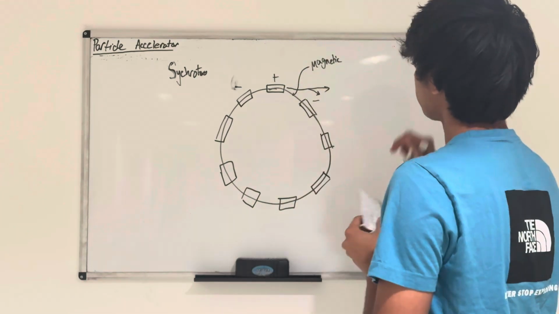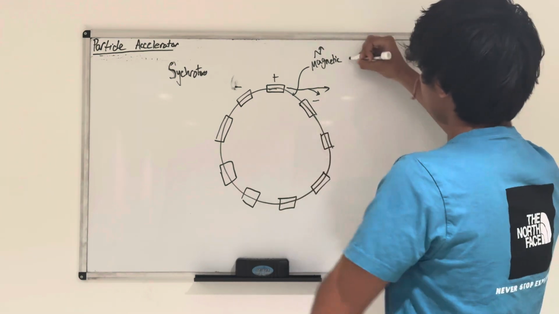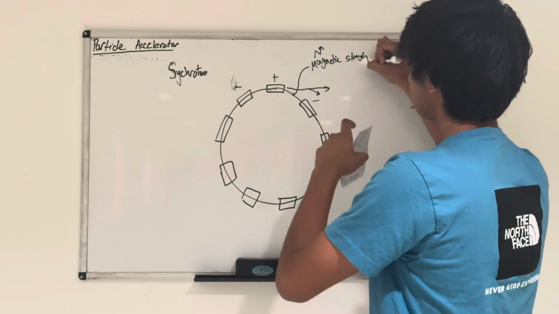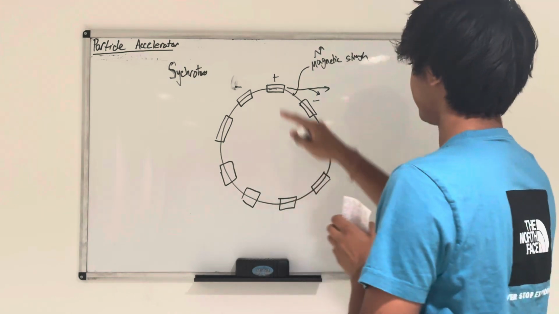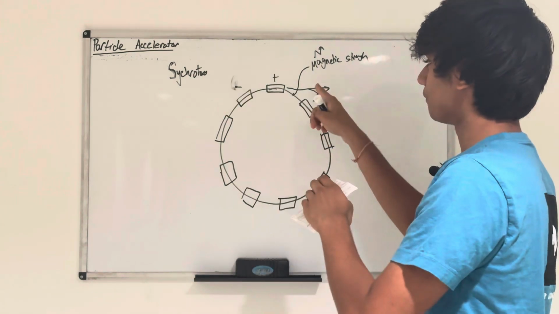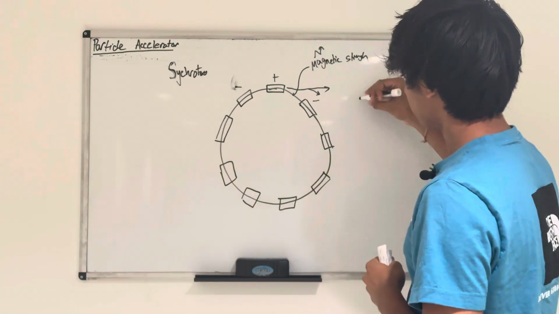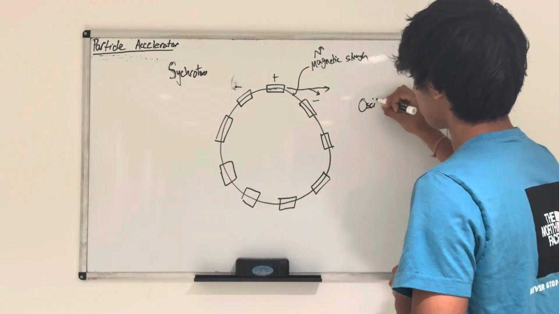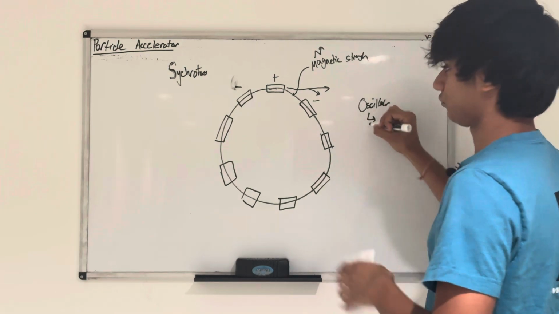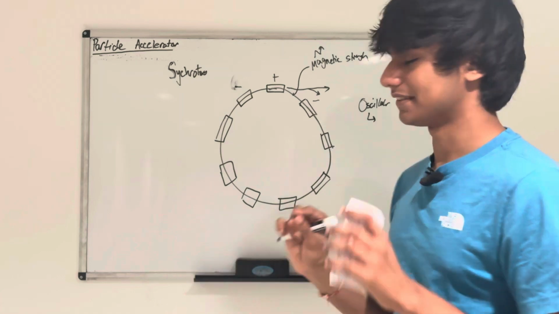And the thing is, though, we also have to increase the magnetic strength of the field whenever we go through a cycle, because you can imagine as the particle goes faster, we need more of a magnetic force to keep it in a circle. And so the oscillator that we use has to be really, really synchronized.